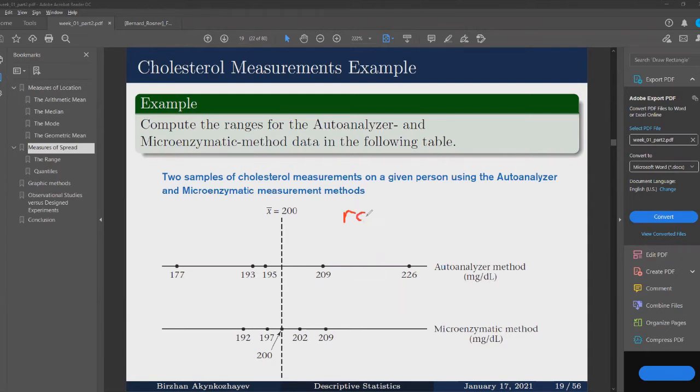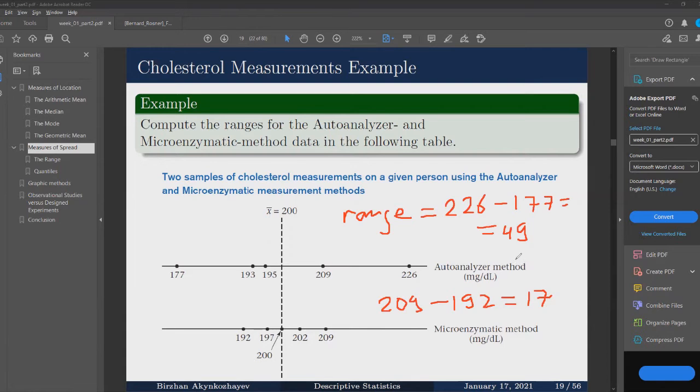So range for the first data set is going to be equal to 226 minus 177, which is equal to 49. Range for the second data set is going to be equal to the largest value of 209 minus smallest value of 192, which is equal to 17.